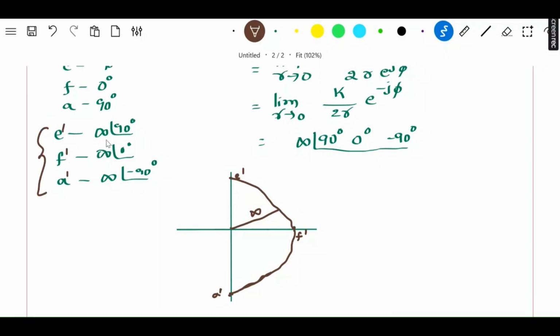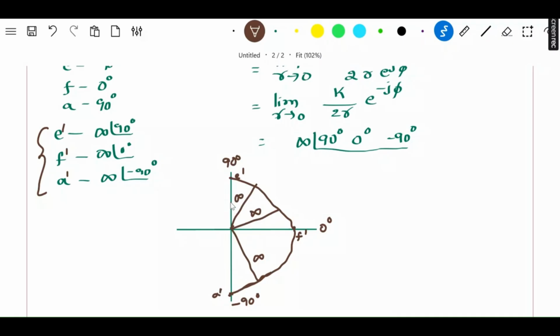E dash is infinite at 90 degree, so this is 90 degree. And F dash is infinite at 0 degree, so this is 0 degree. A dash is infinite at minus 90 degree, so this is minus 90. So this is infinite. If you go here also, it is infinite. If you go towards any side, it is tending towards infinite. That is what it means. So this is how the trace needs to be written.